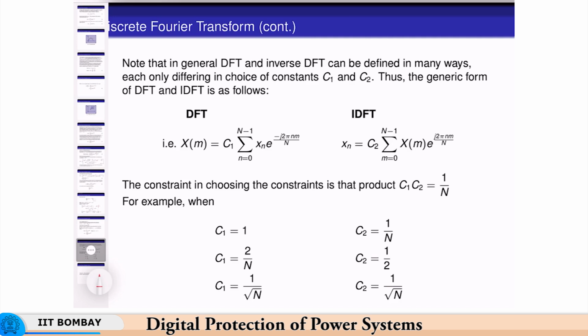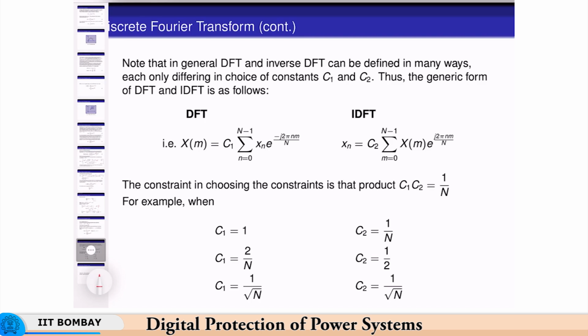We saw that because otherwise we need to get the sample back and that is how that n comes into play. So you can have C1 equal to 1, which we used for the derivation, and C2 equal to 1 by n. We will use this 2 by n and 1 by 2.